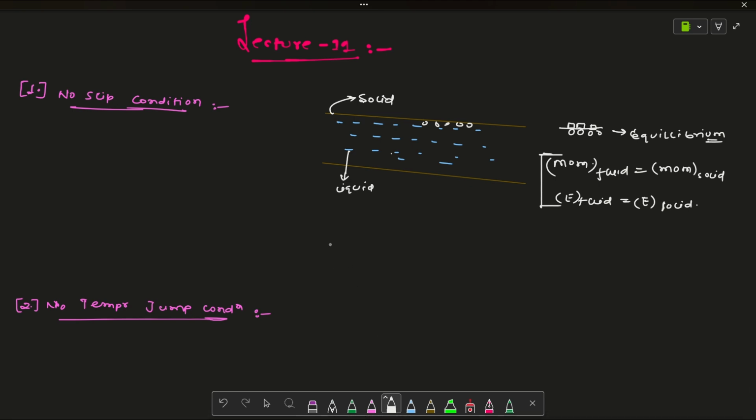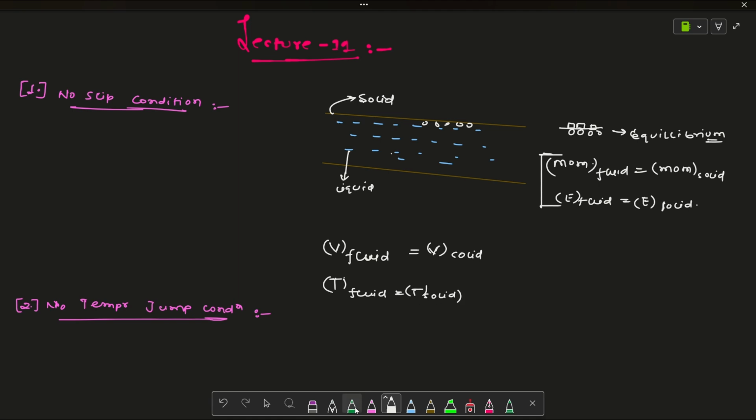The velocity of the fluid is equal to the velocity of the solid. And for energy, for a fluid, the energy can be expressed in terms of temperature. So we can say that the temperature of the fluid is also equal to the temperature of the solid.